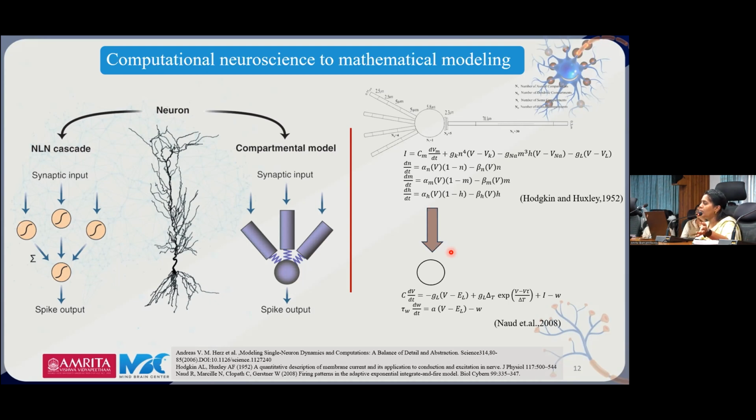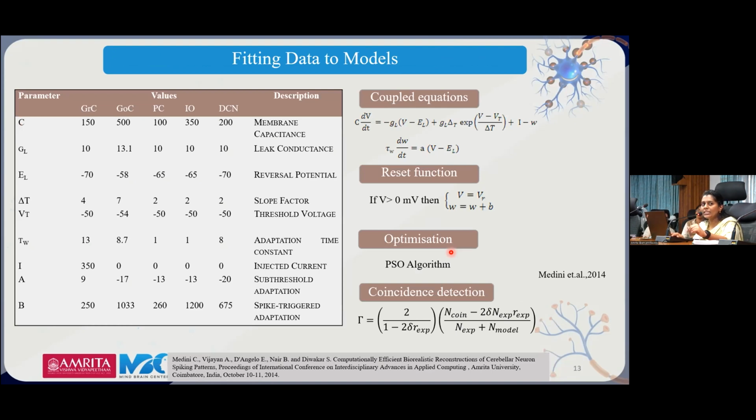Mostly the platform used is NEURON, and there is a series of 4 different equations to come up with the firing behavior of that particular neuron. In the case of the point neuron, this is far reduced to two differential equations, one for adaptation and one for the voltage calculation. So we looked at both Hodgkin-Huxley as well as the AdEx model. Adaptive exponential integrate and fire was the model which we used.